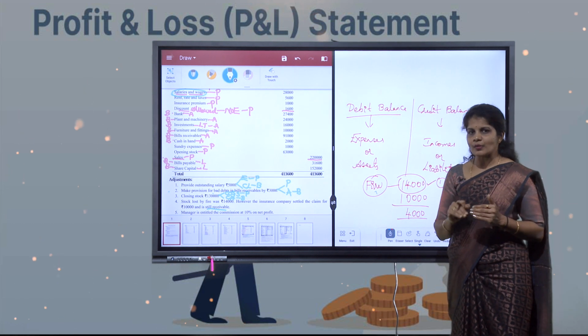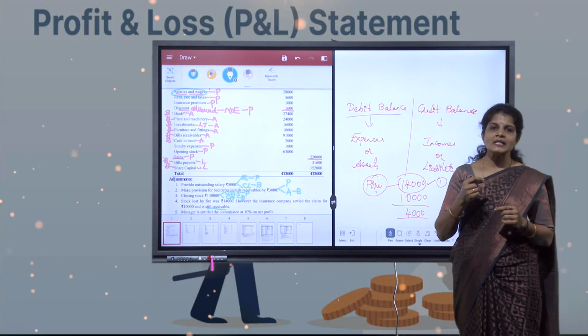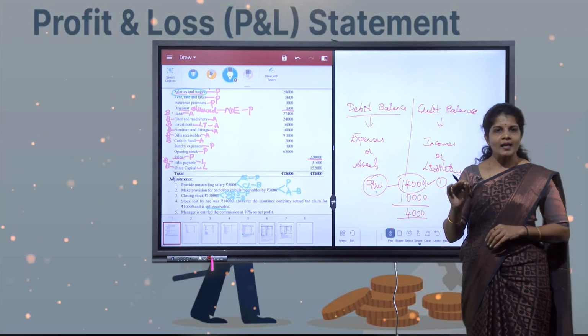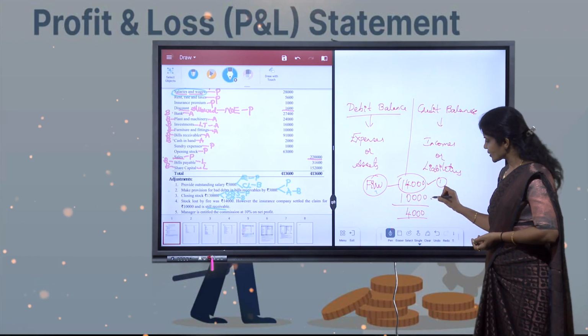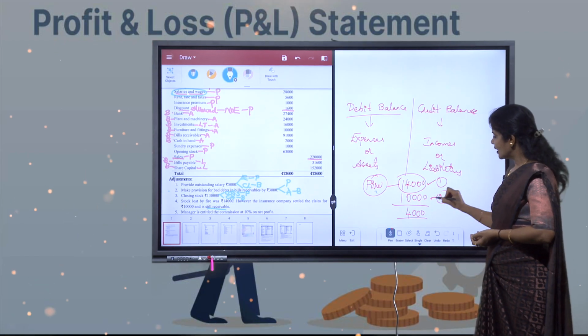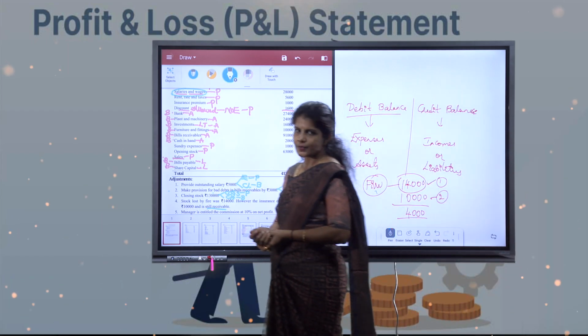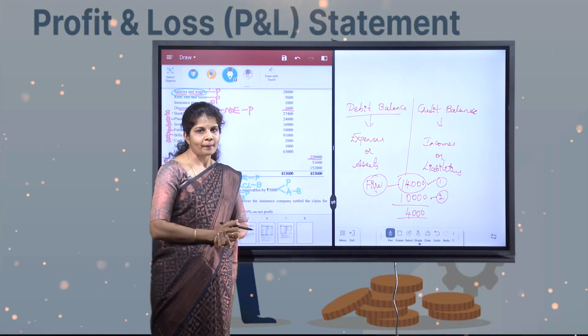When income is outstanding, what is it? It is an asset. Whenever there is outstanding income or income receivable, it is always a current asset. So this 10,000 should be received from the insurance company, and it should be adjusted on the asset side of the balance sheet.